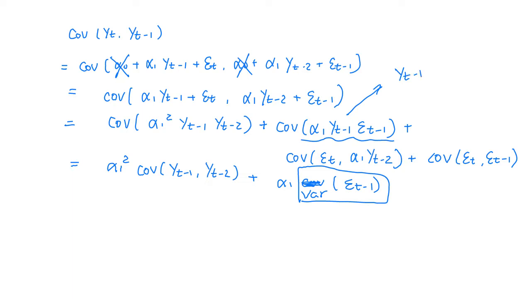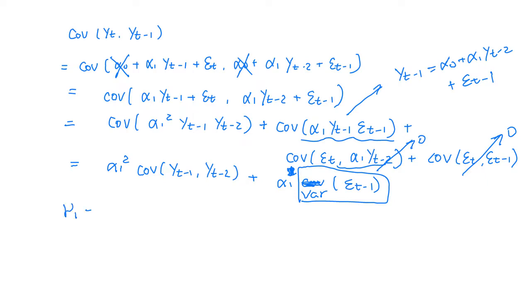Because yt is going to be alpha naught plus alpha 1 yt minus 2 plus epsilon t minus 1. And these two terms become 0, and this one becomes 0 as well, because yt minus 2 is not related to epsilon t, right? So now I have everything I need.